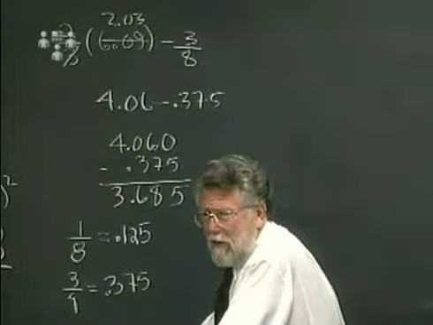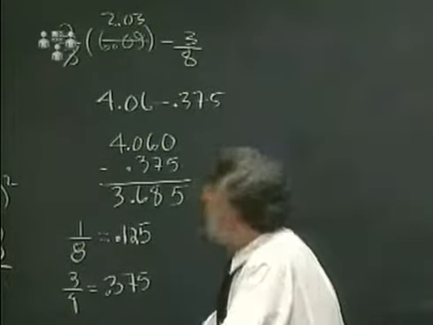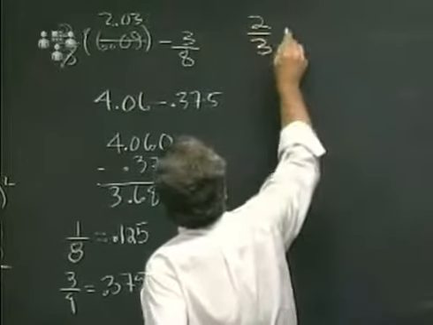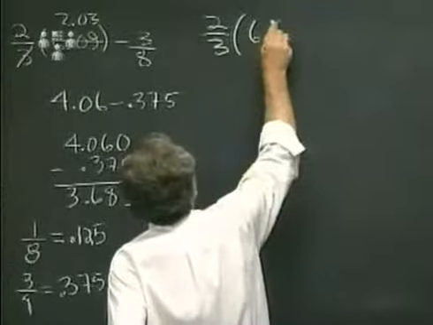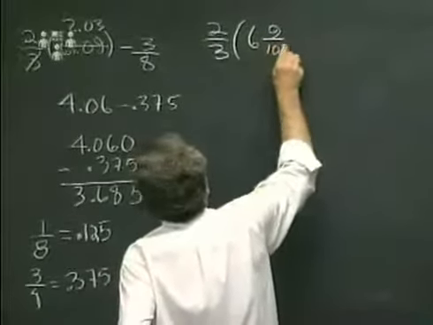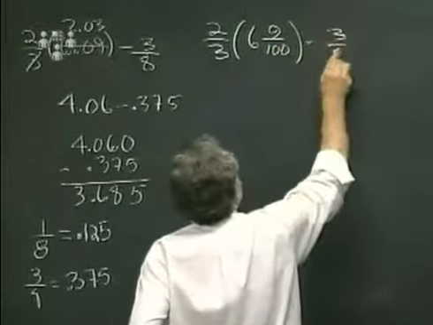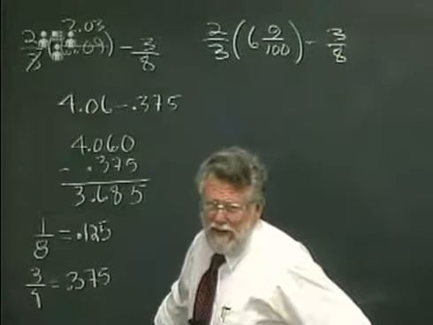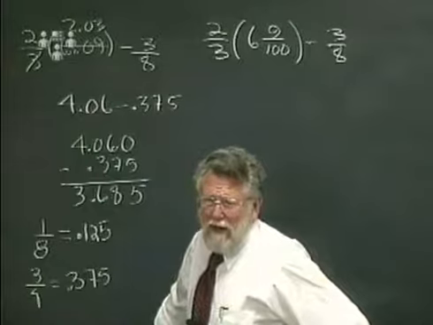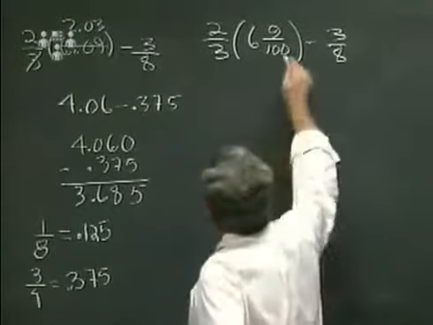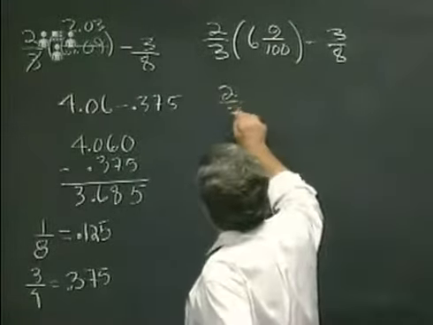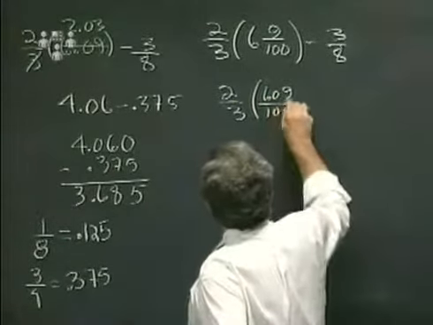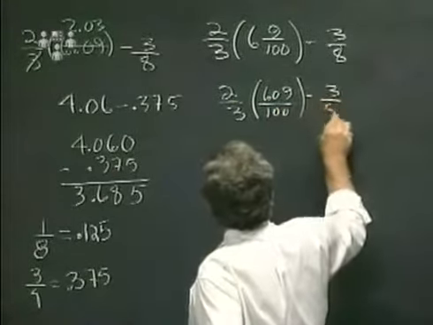Now that's not the way it was done in the text. Because this is, if I look at that now, that's 6 9/100 minus 3/8. And I'm not sure that looks like a thing I want to do very much in terms of finding common denominators. Because this then becomes 2 over 3 times 609 over 100 minus 3/8.